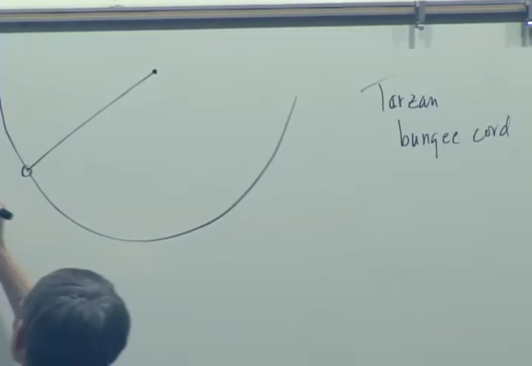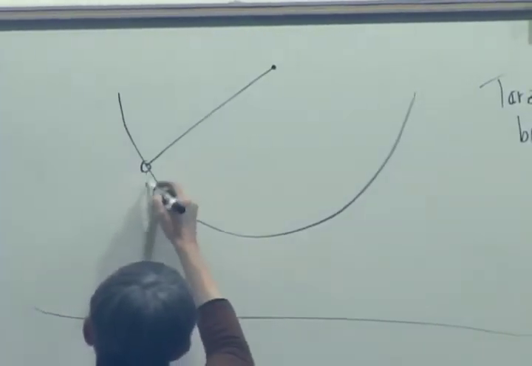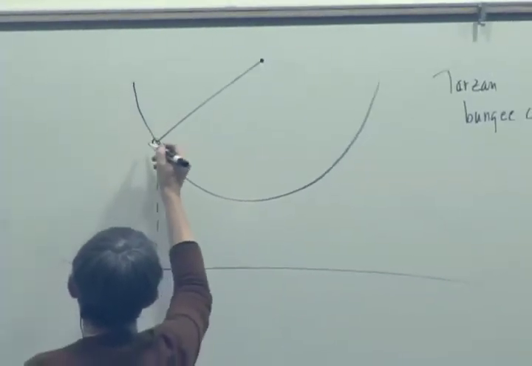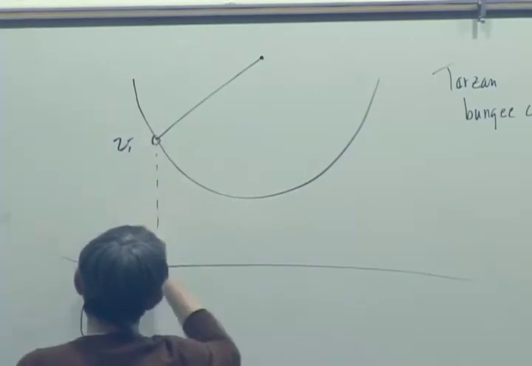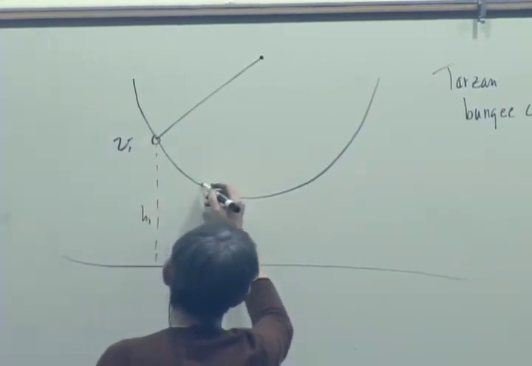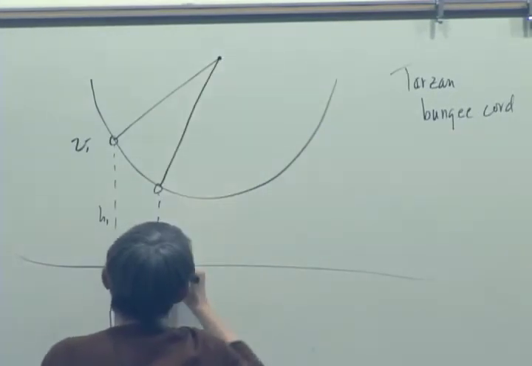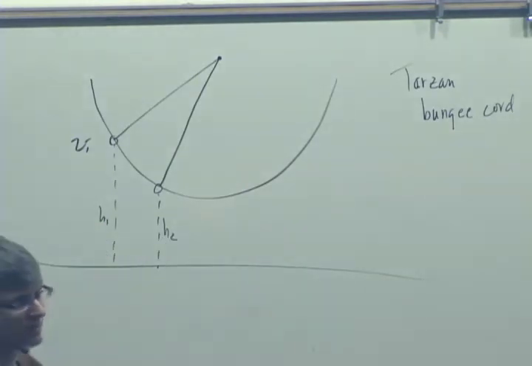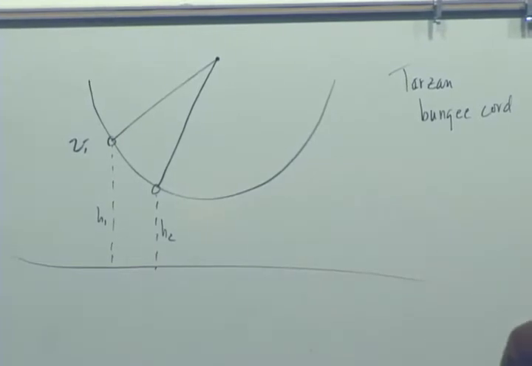So suppose you have a problem that says, here's the ground. Tarzan is at some height h1 off the ground. He's got some speed, v1. A little bit later, he's at some height h2 off the ground, and it asks you something about that.